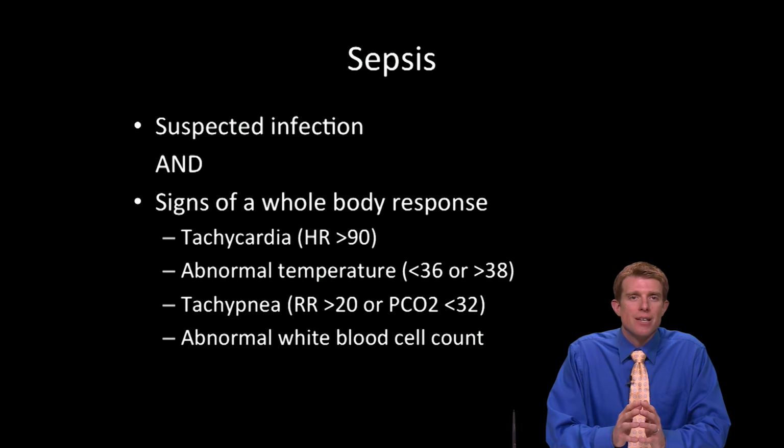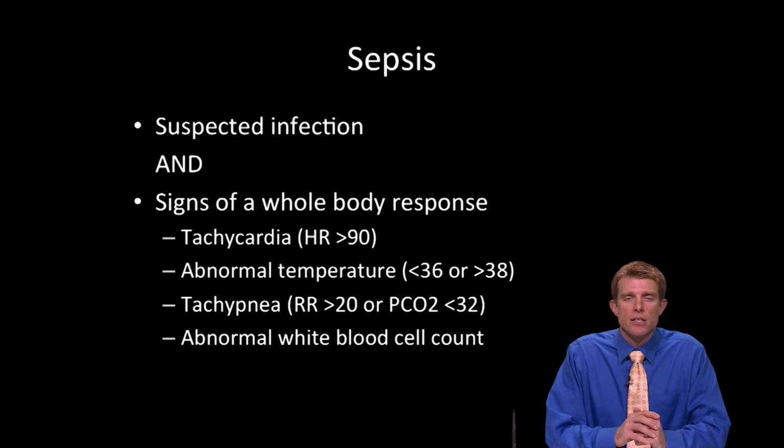And these are tachycardia, heart rate greater than 90, an abnormally high or low temperature, tachypnea, so either an elevated respiratory rate or a low PCO2, or an abnormal WBC count, either being low, less than 4,000, or high, greater than 12,000.